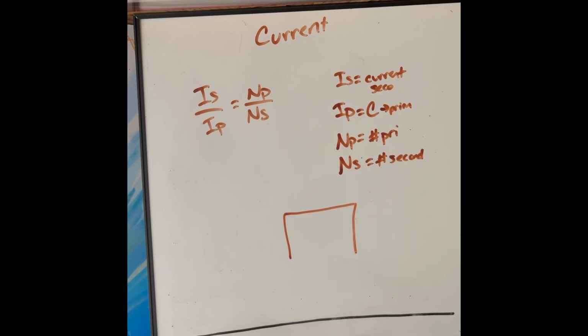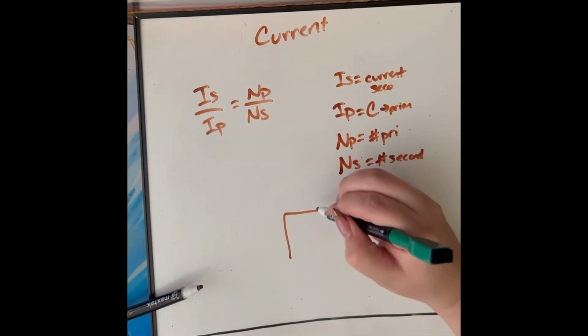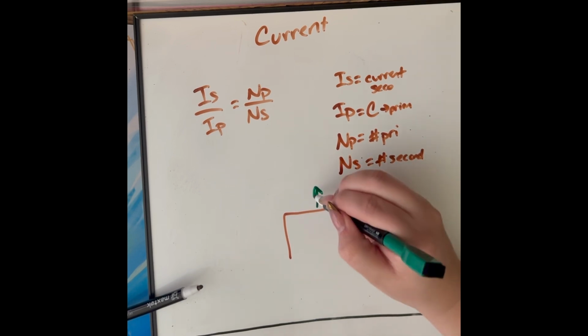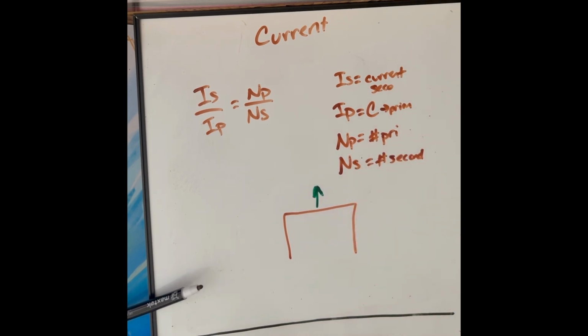So again, whenever we're talking about a transformer, if it says it's a step up transformer, the first thing we're thinking of is not current. The first thing we're thinking of is voltage, because current is an afterthought, a chain reaction.